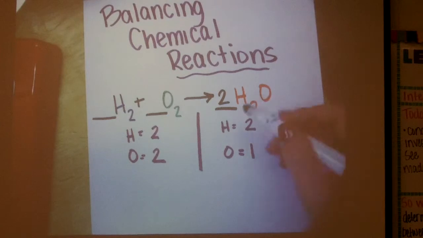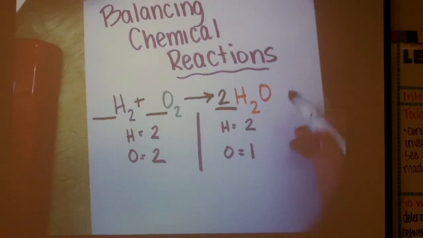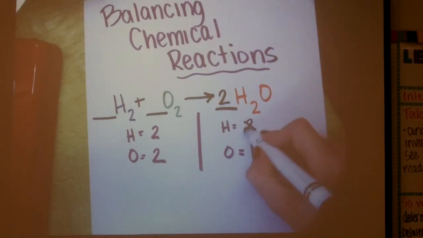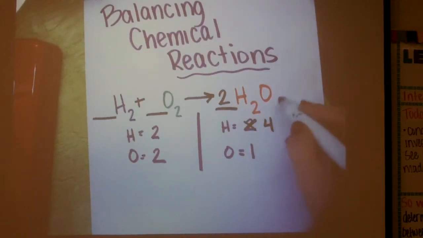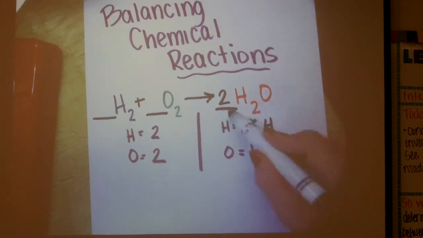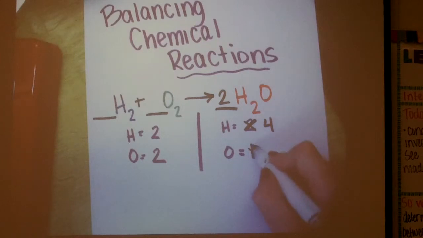When we add a new coefficient, we need to recount our atoms. So now I have 2 times 2 is 4 hydrogen. And remember, when there's not a subscript, it is a 1. So 2 times 1 is 2 oxygen.